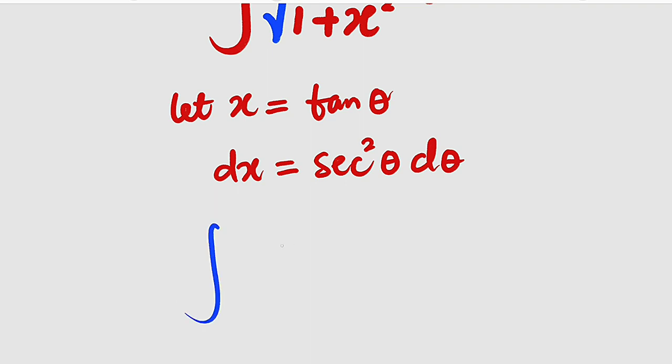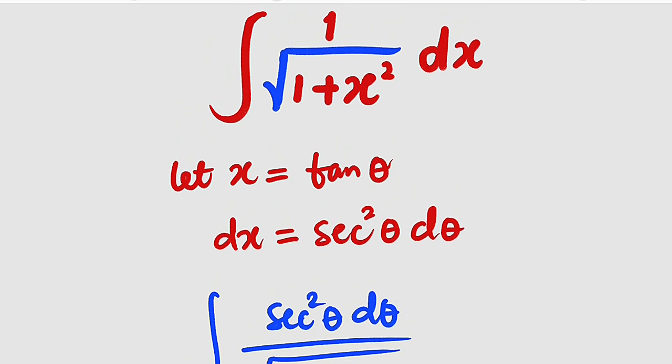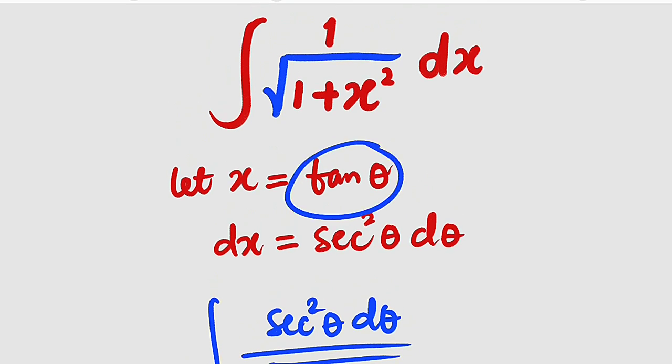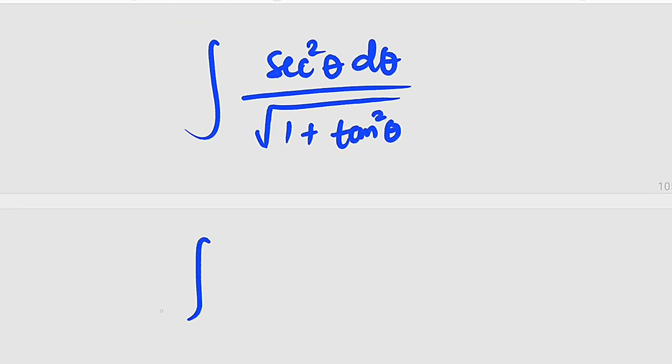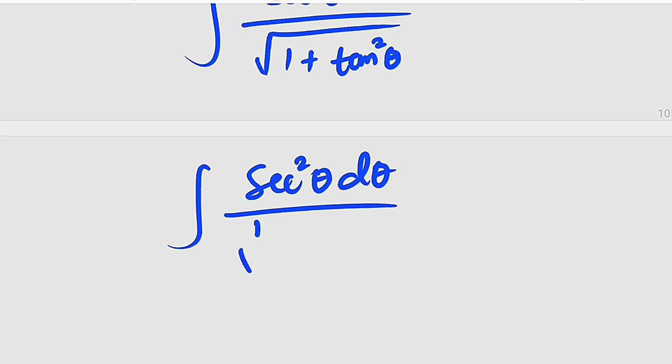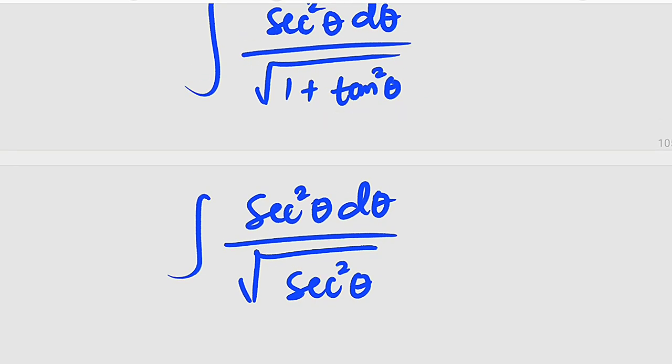So to the top we have secant squared theta d theta divided by the square root of 1 plus x squared, but x is tangent theta, which we can now replace x with, so it becomes tangent squared theta, right? So we have the integral of secant squared theta d theta divided by the square root of secant squared theta, because 1 plus tangent squared theta is secant squared theta.